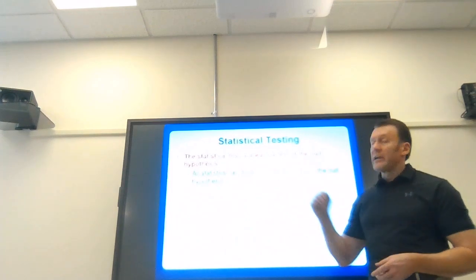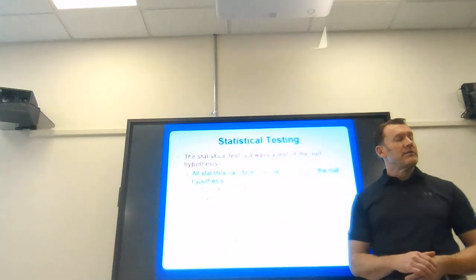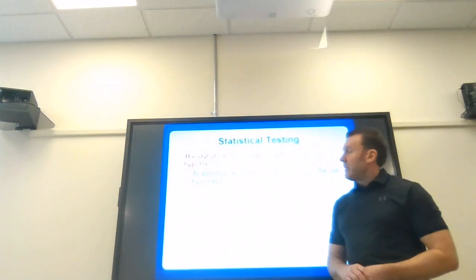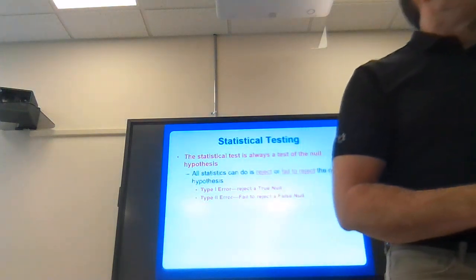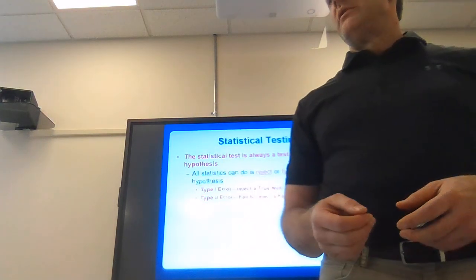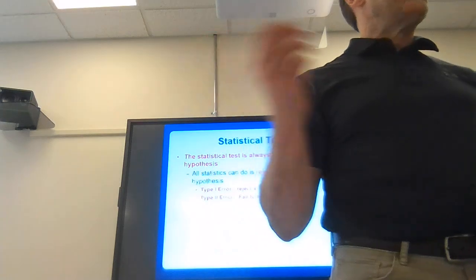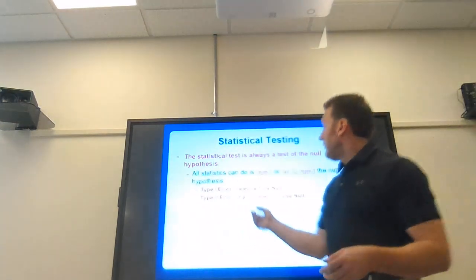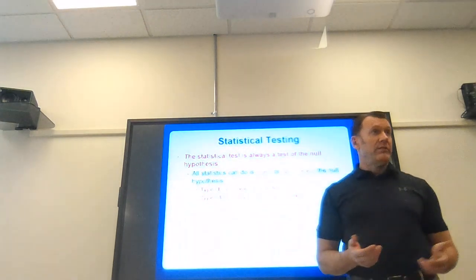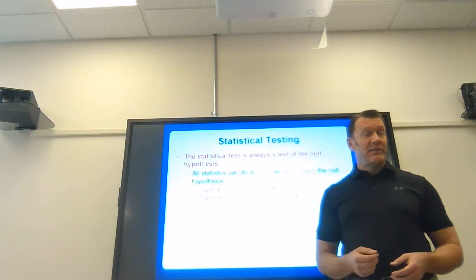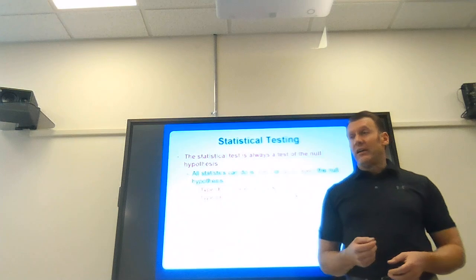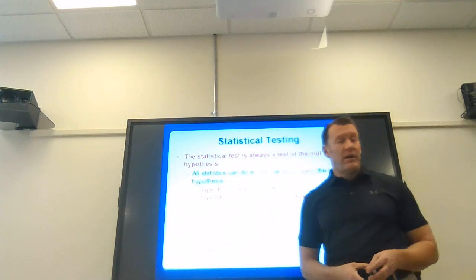So we reject a true null hypothesis. A type 2 error, on the other hand, is when we fail to reject a false null. If the null is false, meaning that there are actually differences, and we fail to reject it, then we've made a type 2 error. So we're not seeing those potential benefits due to an error in our statistics.